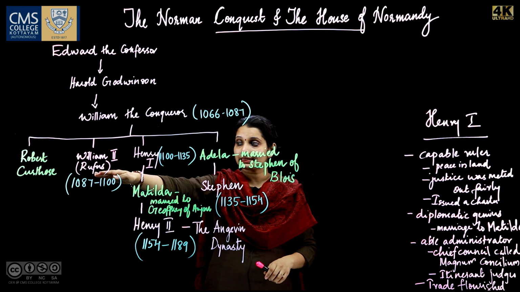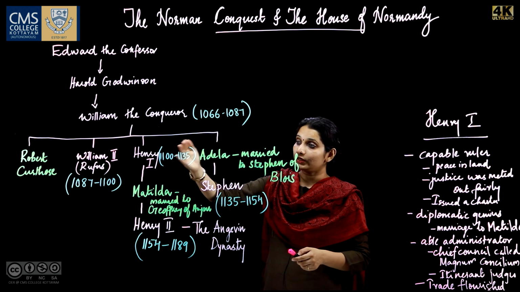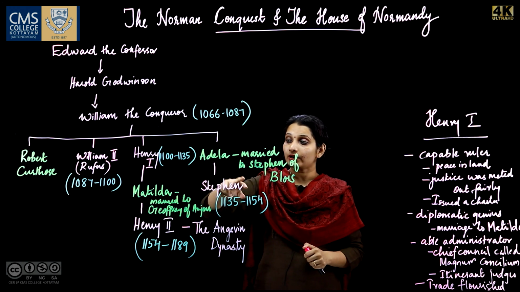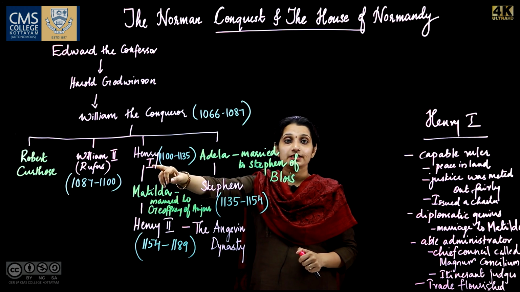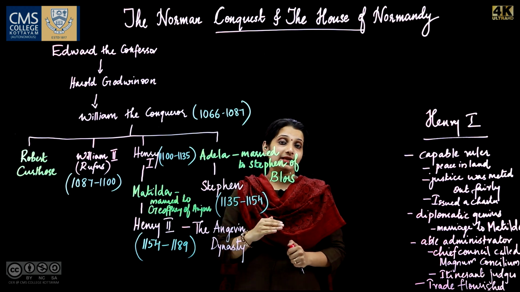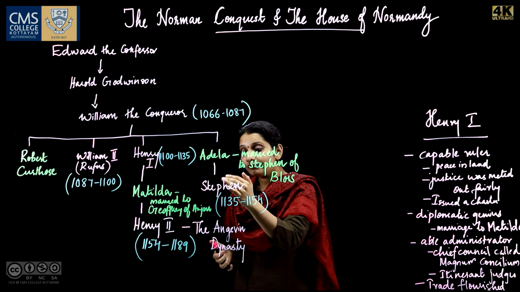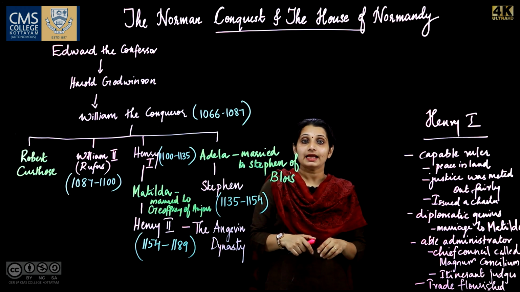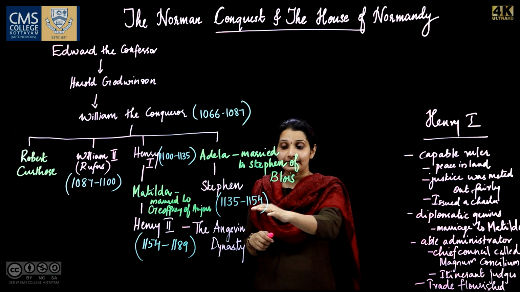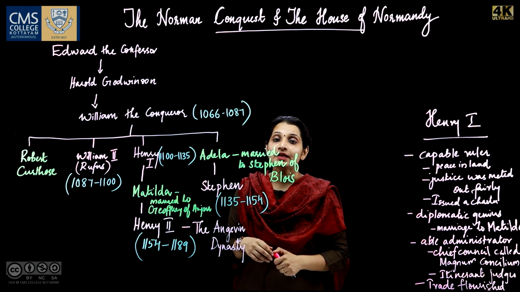He was followed by his son William Rufus, who ascended the throne as William II, and William II was followed by William the Conqueror's third son Henry I. Henry I was followed by his nephew Stephen, and with Stephen ends the house of Normandy, and after Stephen we have Henry II, and with Henry II begins the next house, that is the Angevin dynasty or the Plantagenet dynasty.